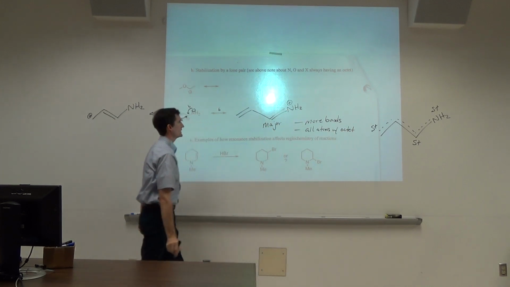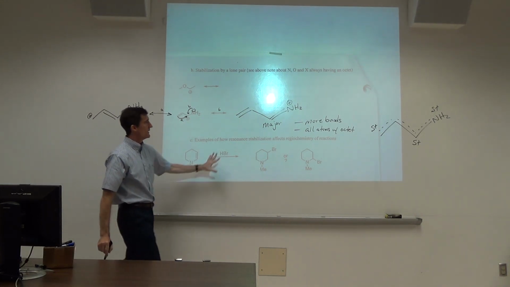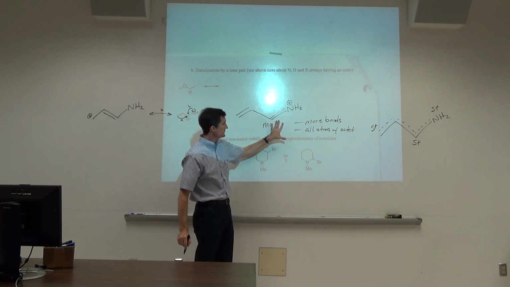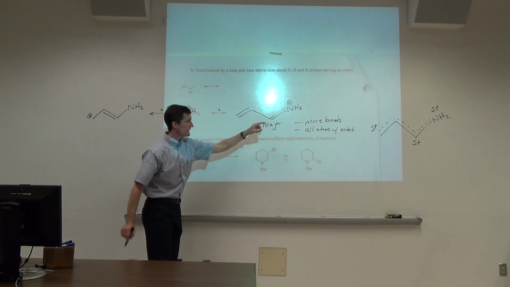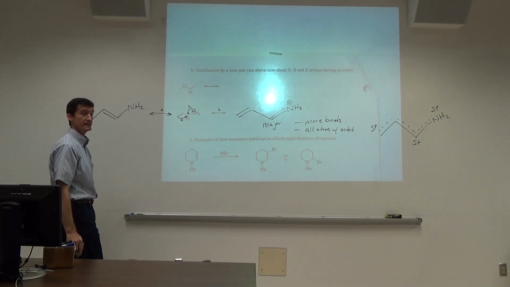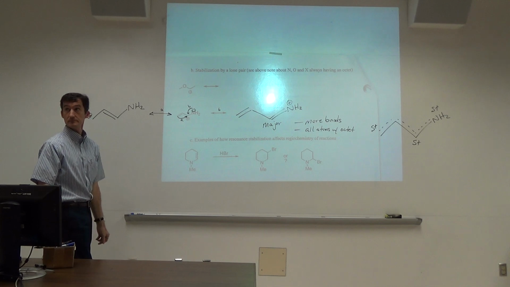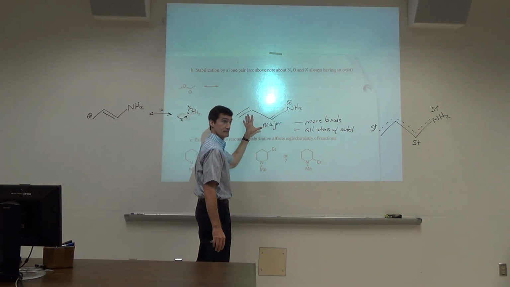The nitrogen has an octet. Here the carbon has no octet. Here the carbon has no octet. This is your major resonance structure. So if you had to say which one the hybrid looks like the most, it looks like that one the most. Kind of like the kid looking more like mom. Because mom's more stable.